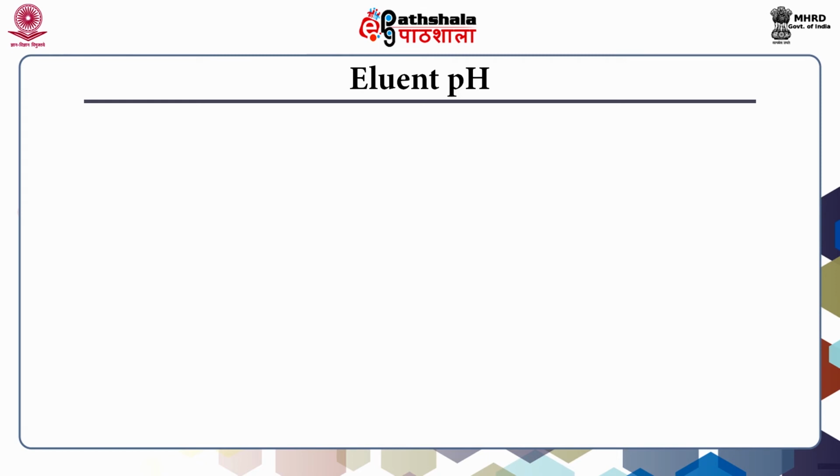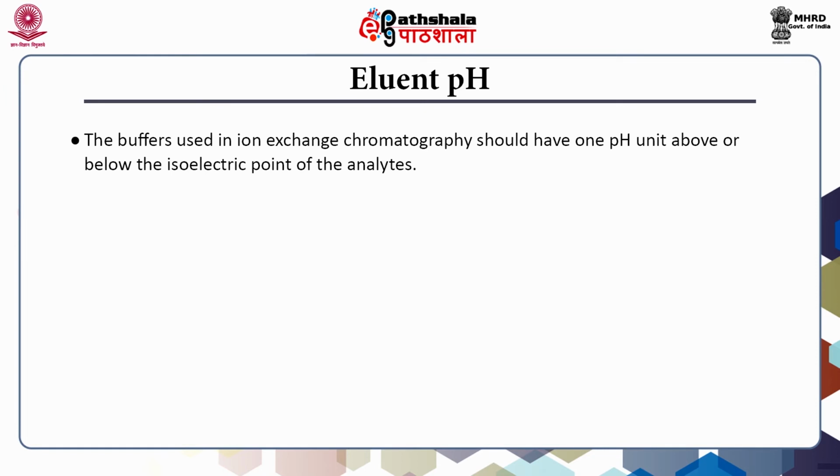The pH is a very important thing in the case of ion exchange chromatography. The buffers that are used in ion exchange chromatography should have a pH either one unit above or below the isoelectric point of the analytes. This is a very important point.